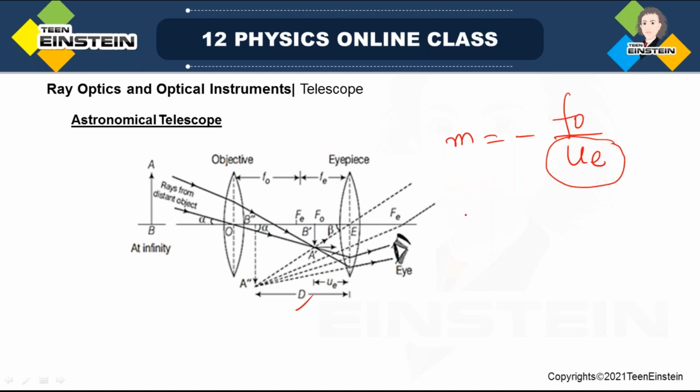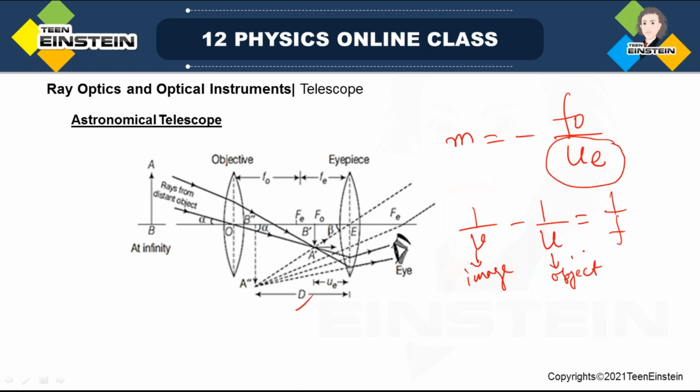So look, I know for a lens, 1 by v minus 1 by u is equal to 1 by f. This is the image distance, this is the object distance, and this is the focal length.